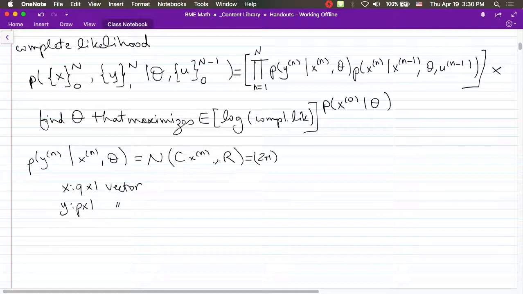Okay, so we're talking about the probability of y. So y is going to be a p by 1 vector.